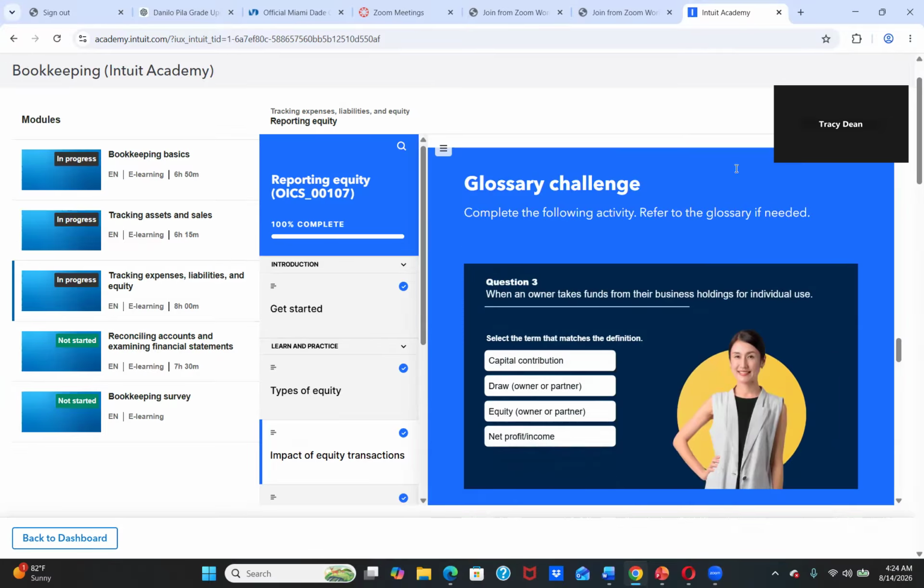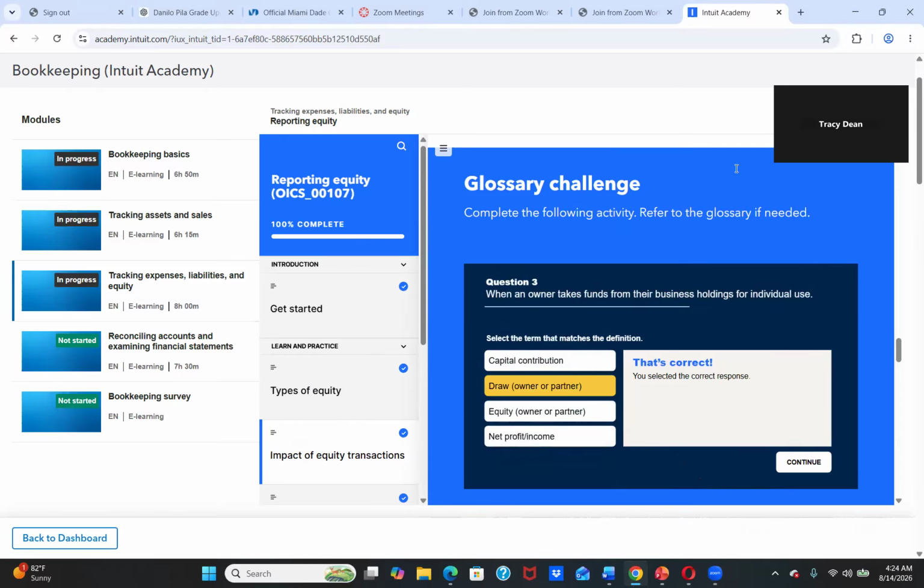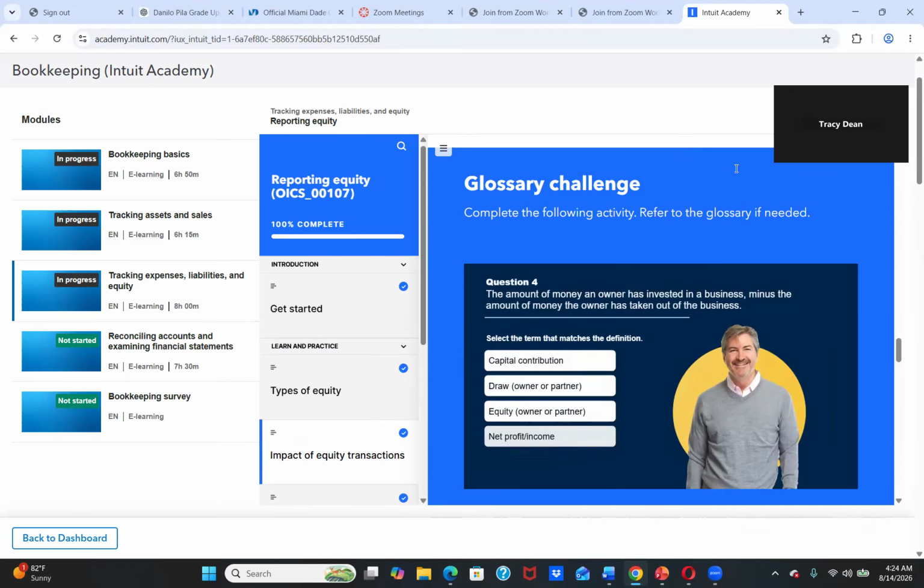Next one. When an owner takes funds from their business holding for individual use, what do we call that? That's called a draw. The amount of money that an owner has invested in the business minus the amount of money that the owner has taken out of the business.